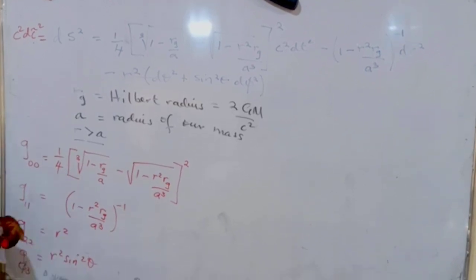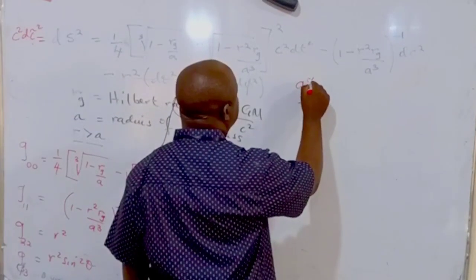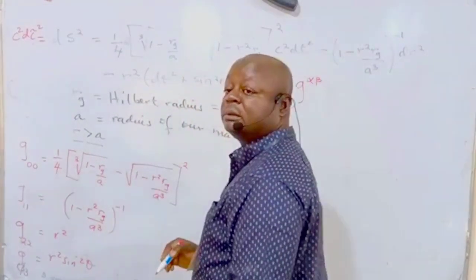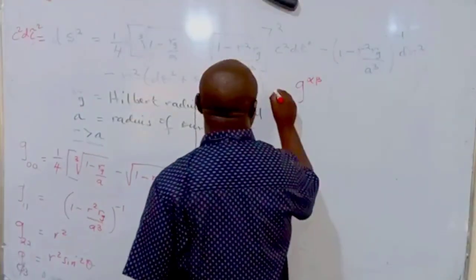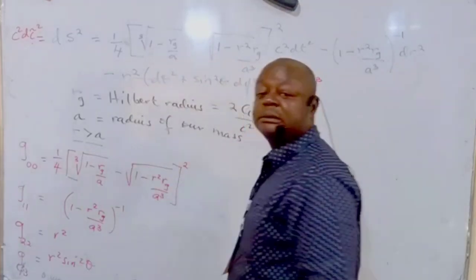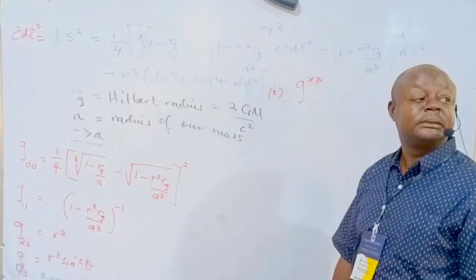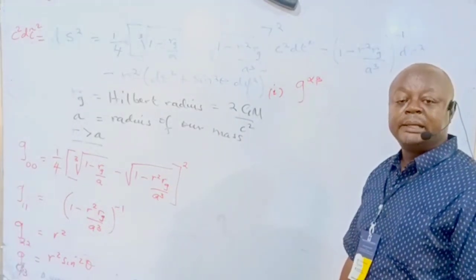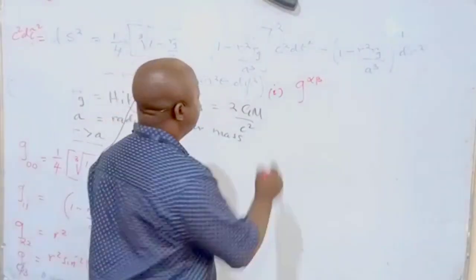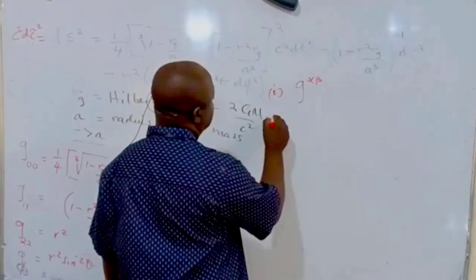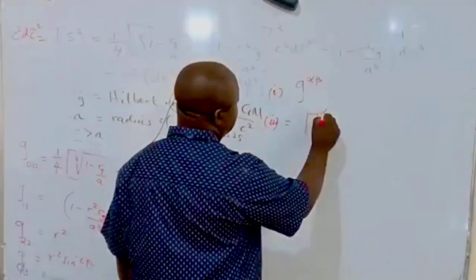So we now need to get our G alpha beta. So we'll move from this step. The first thing we are going to get is our G alpha beta. So after getting our G alpha beta, we'll now also get our gammas, alpha, beta.